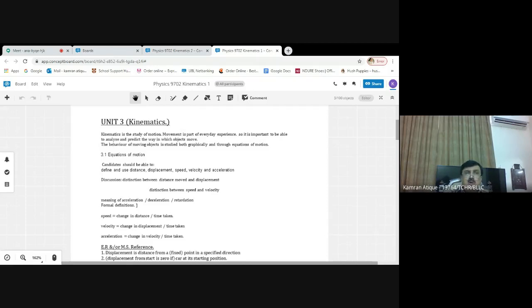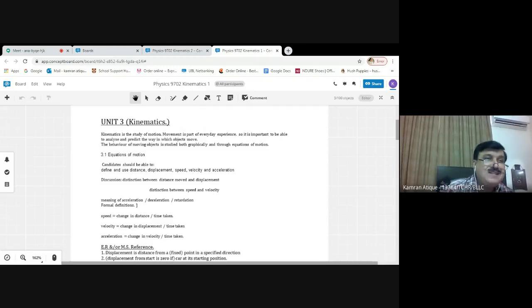The particular path which is being followed is called a distance. I have seen at your levels, people are not bothering about the definition of distance very much. So they are more bothering about the distinction between distance moved and displacement, but even then we should know the definitions.